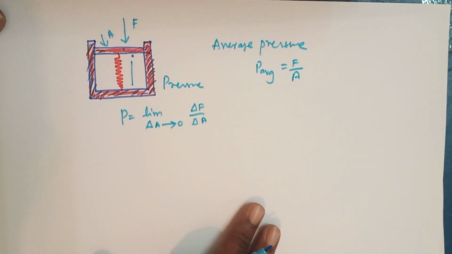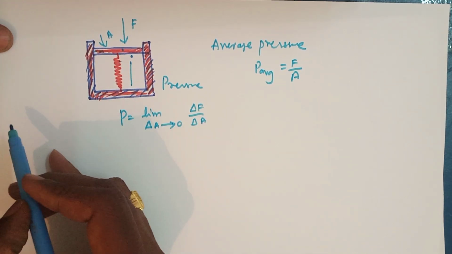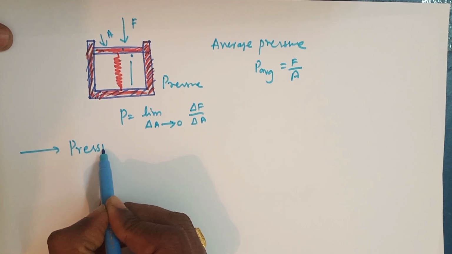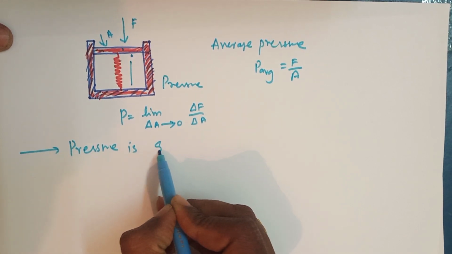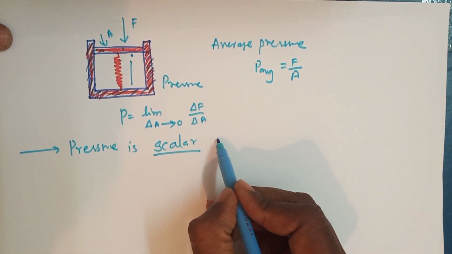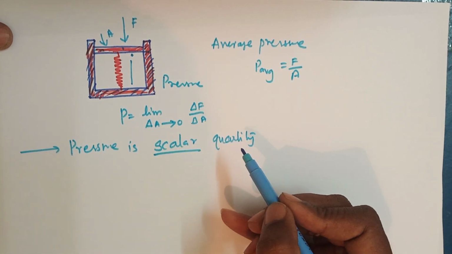Now, is pressure a vector or a scalar? Pressure is a scalar quantity. Don't think it is a vector.